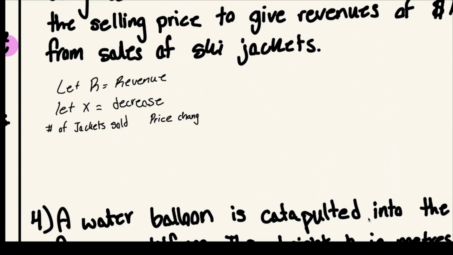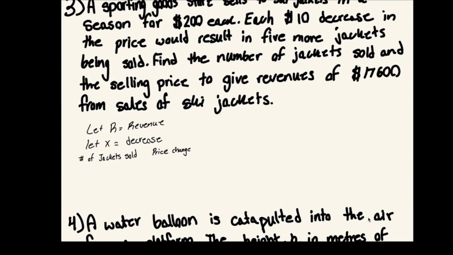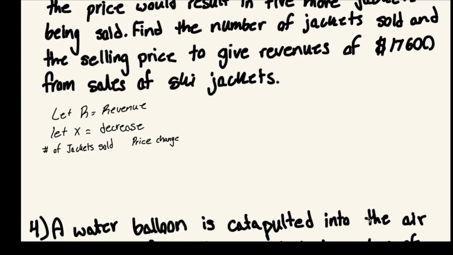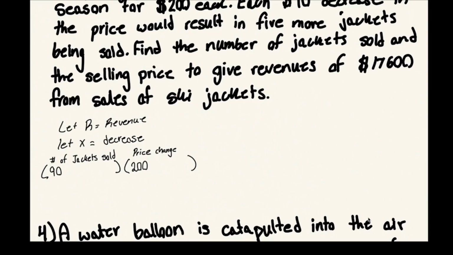We know they start by selling 90 ski jackets in a season for 200 each. So if we make the two brackets, one is the number of jackets sold, and the other is the price. How is that being affected?